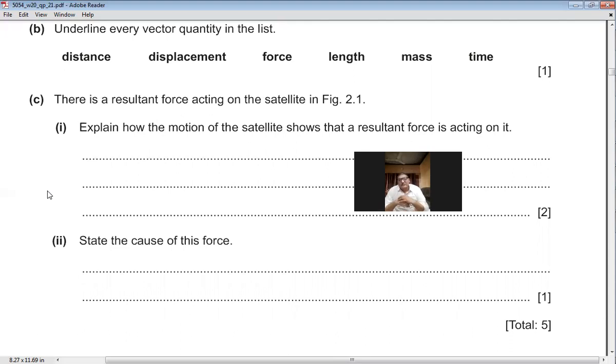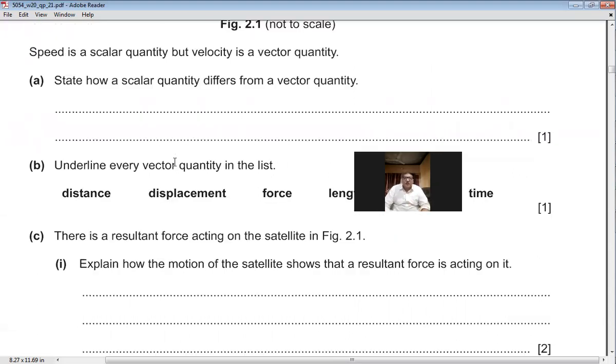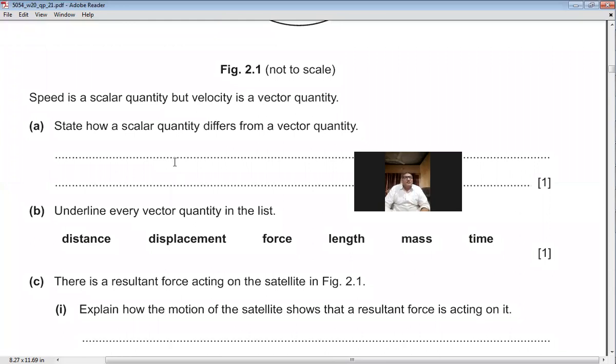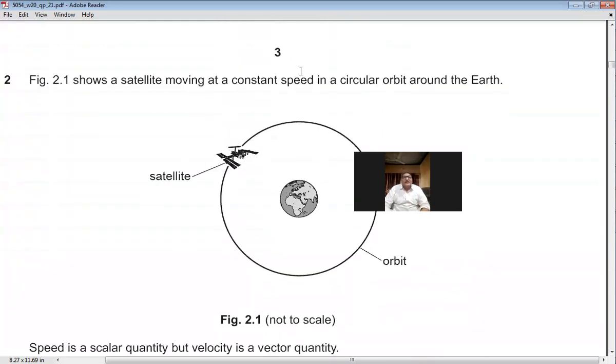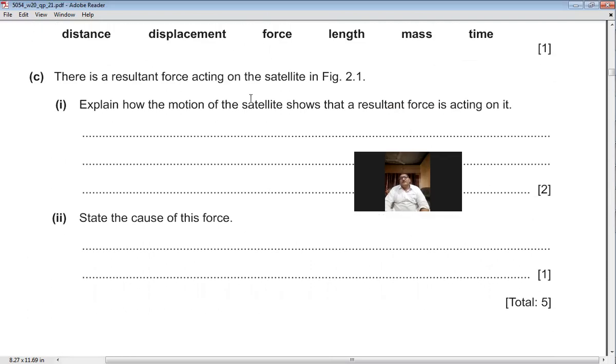Acceleration is a change in velocity, and there can be two kinds of change: the magnitude of the velocity might be changing, or the direction might be changing, or both. But the question says the satellite is moving at a constant speed. It means the magnitude of the velocity is not changing.